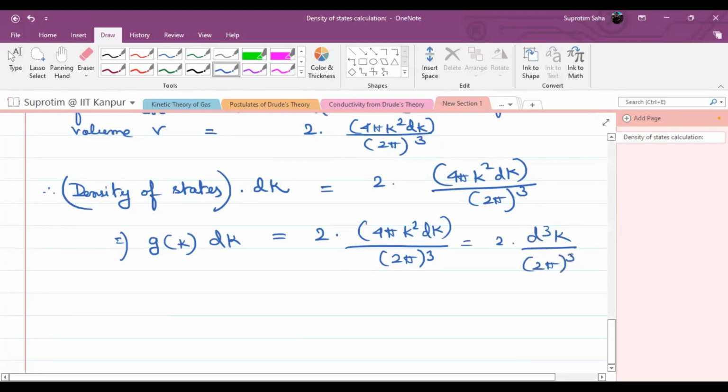So it's not out of the blue that we wrote g(k) dk. This is the density of states times the thickness of that spherical shell. So g(k) is your density of states. So now you have the physical interpretation of writing that g(k) dk.